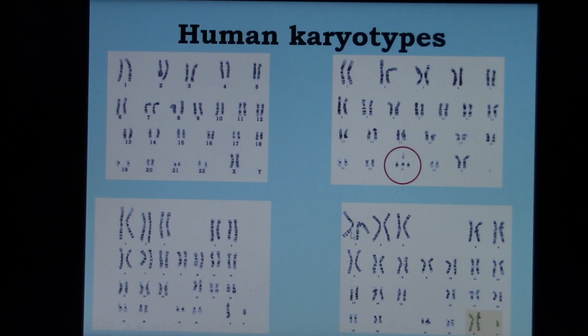Someone has put them together, and I see there are 2 1s, 2 2s, 2 3s, all the way down to 2 22s, and then look, 2 X's and a Y. So this individual is chromosomally a male, but a male with Klinefelter syndrome because he has an extra X chromosome.